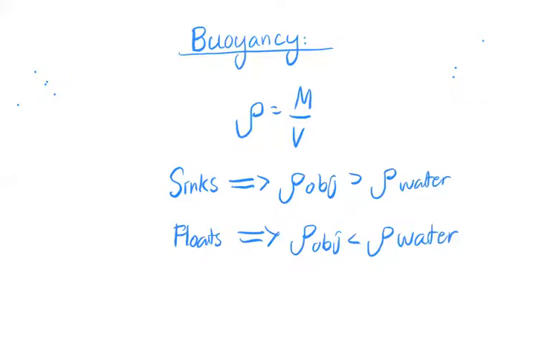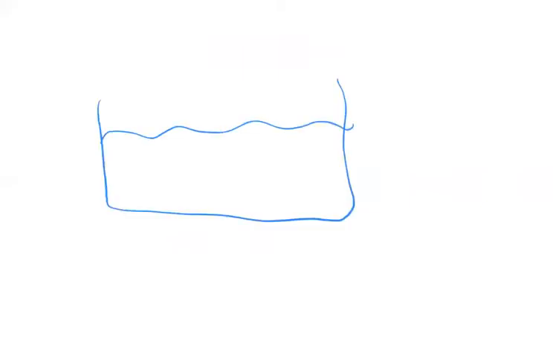So then what does dictate whether an object floats or not? So basically, let's say we have a surface and we have some water and we have an object at the surface of the water. The forces acting on it, well, obviously there would be gravity, but then there would be another force, and that's the force that dictates whether it sinks or floats.